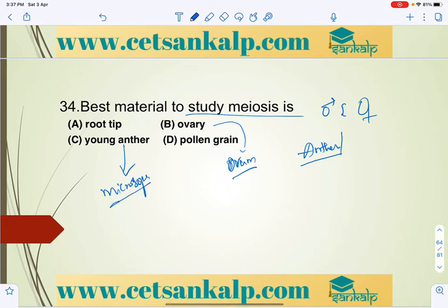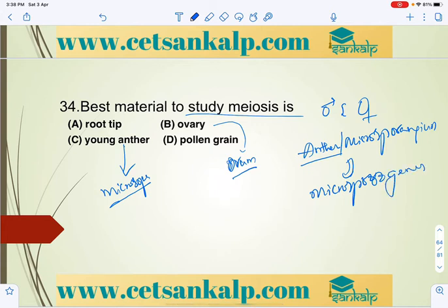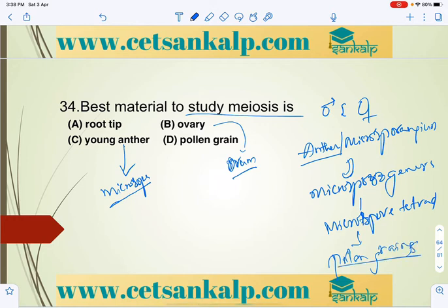That is the anther, which is also called the microsporangium, where microsporogenesis takes place. Microsporogenesis leads to the formation of the microspore tetrad, with 4 microspores, and finally forms 4 pollen grains. That is why the best material to study is the young anther.